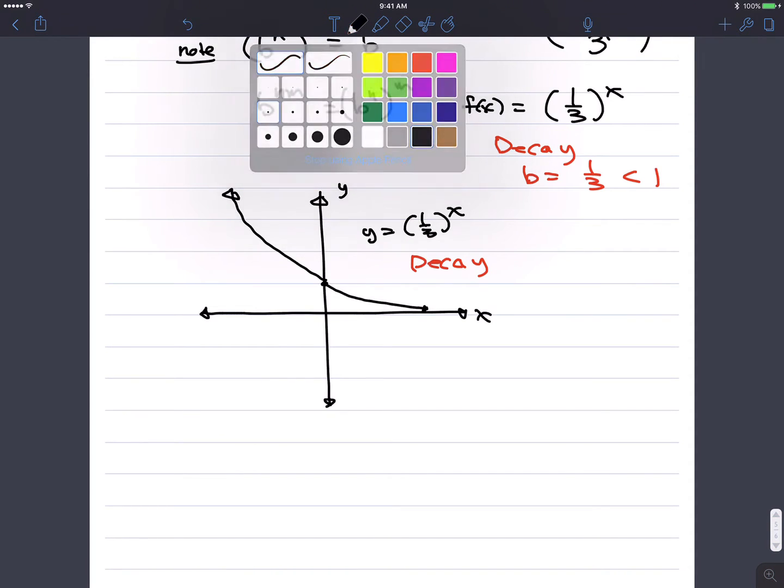Now, here's the deal. They're going to have us sketch this very special function, e to the x. Okay, now let me ask you this question. Is this growth or is this decay? It's growth?